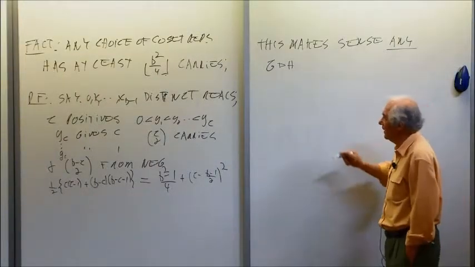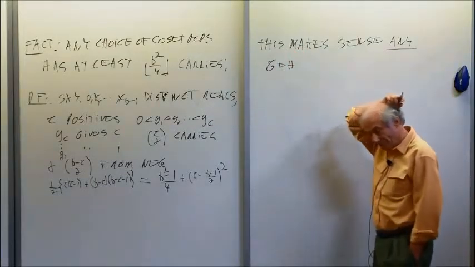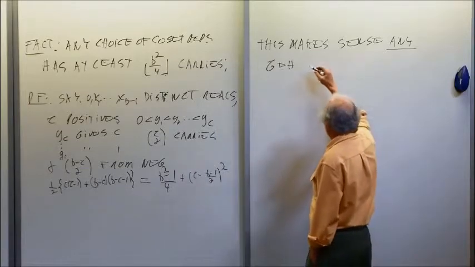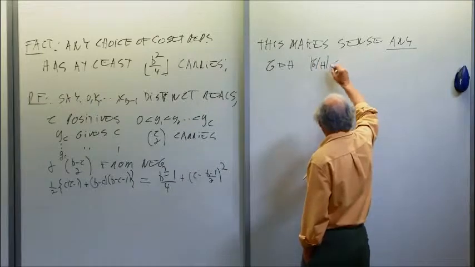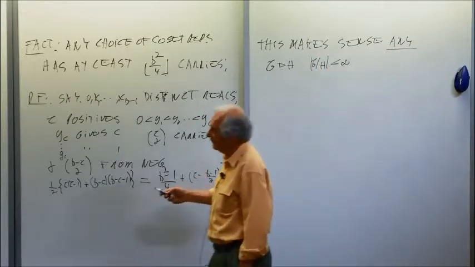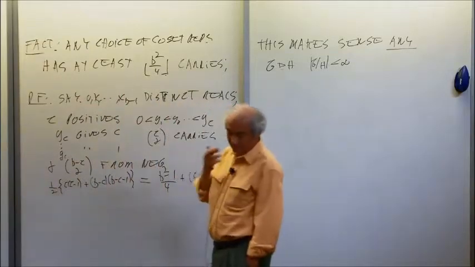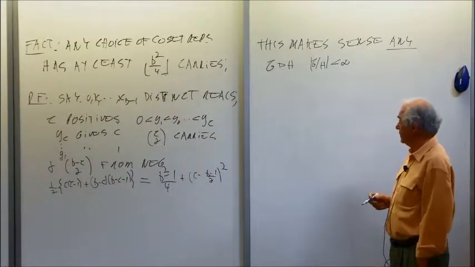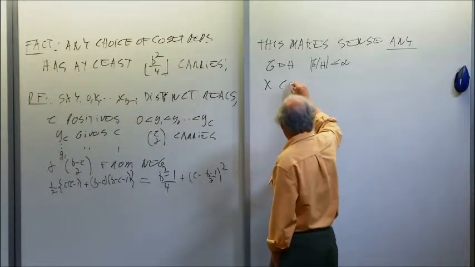Suppose that H is a normal subgroup of a group G, and at the moment, let's suppose it has finite index. So this group G mod H is finite, like bZ in Z. So suppose you have a finite index normal subgroup of a general group. Let X be coset representatives.